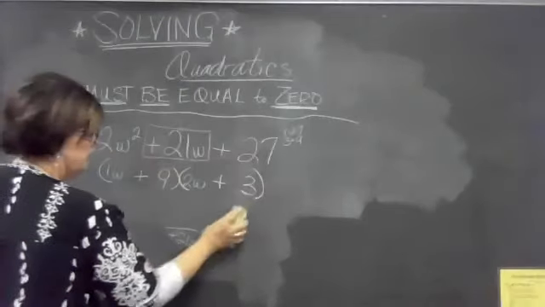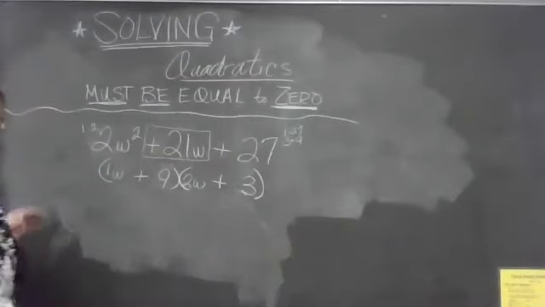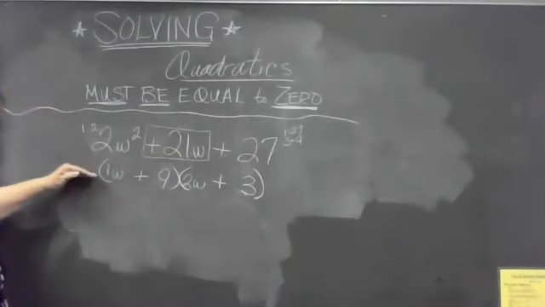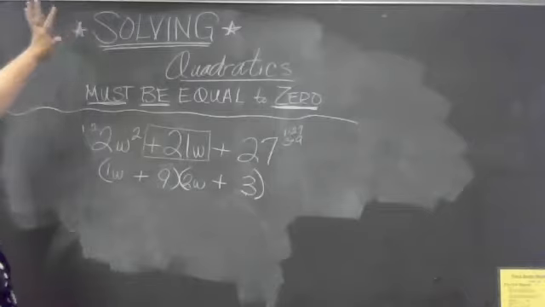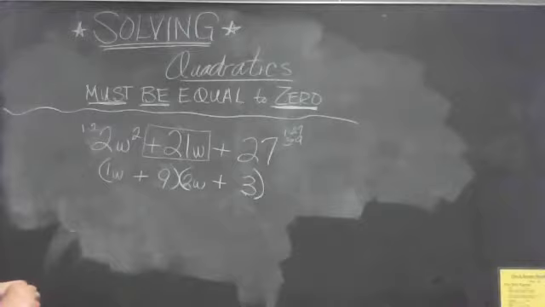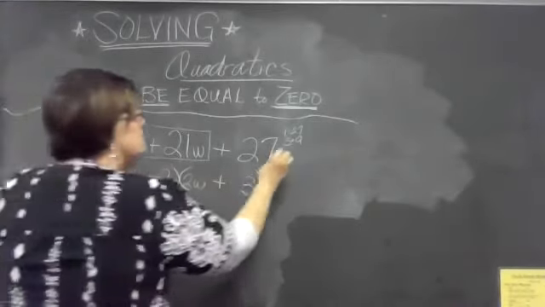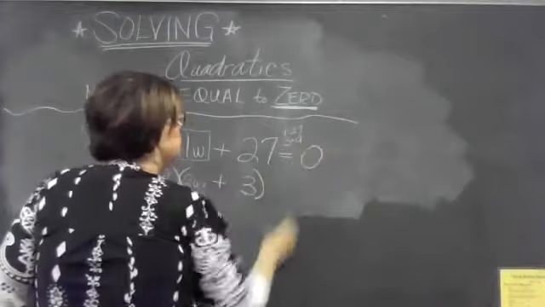So this is our factoring, but remember this time, they not only want us to factor, which you have to do to solve, they want us to actually solve it, which means I need to find out what W really is. We found out before that to solve a quadratic, it must be equal to 0.